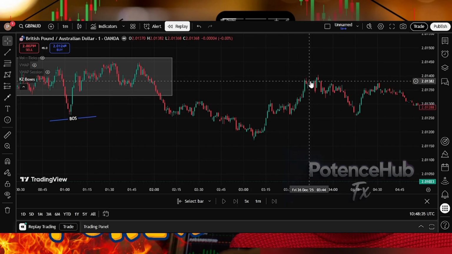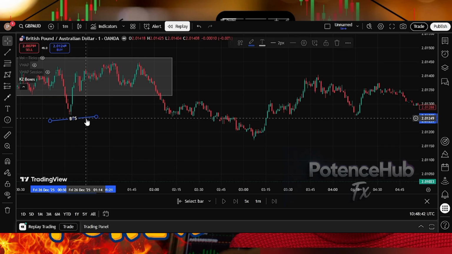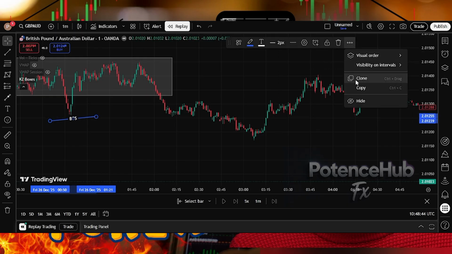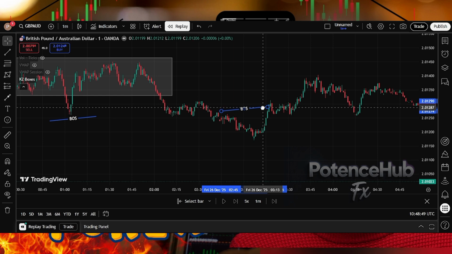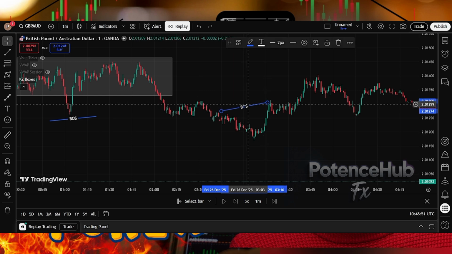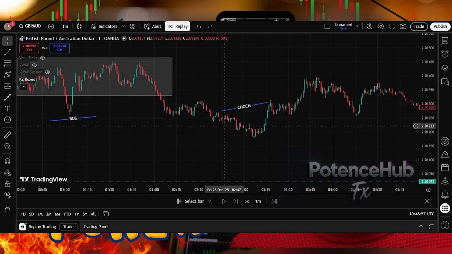Let me close this. So there was a change of character here. So if we bring it here, you see that there was a change of character at this point. This change of character brought about the reversal of this particular trend to the upward direction. So as you can see right here, that was how this trend went there.